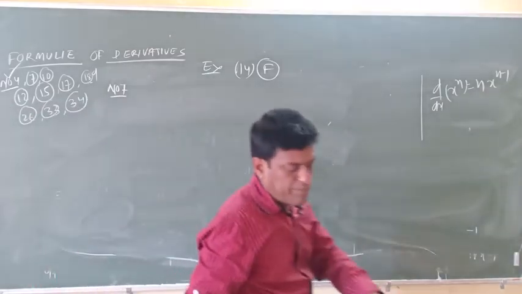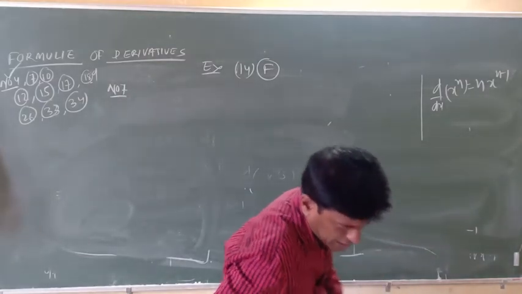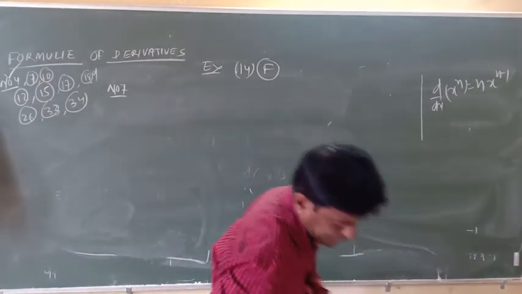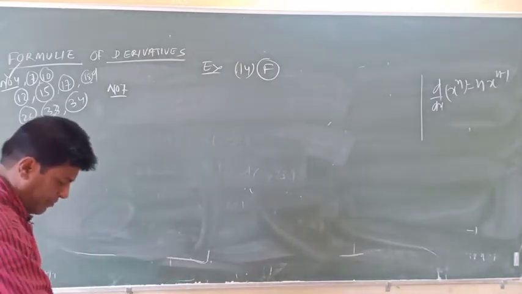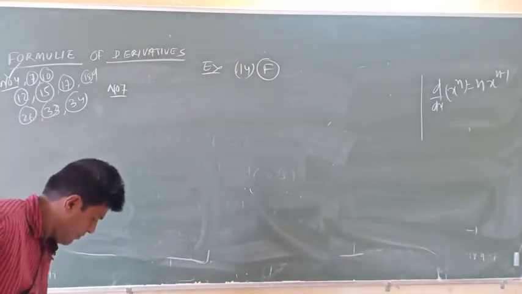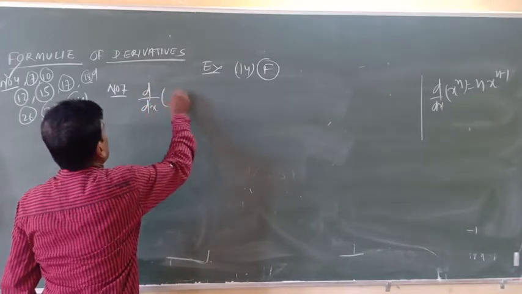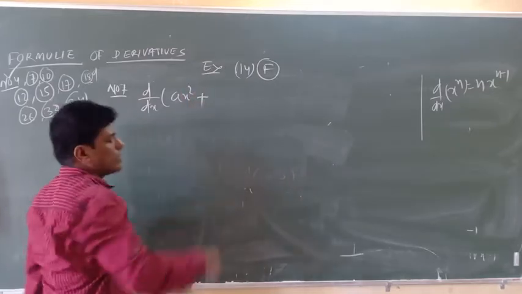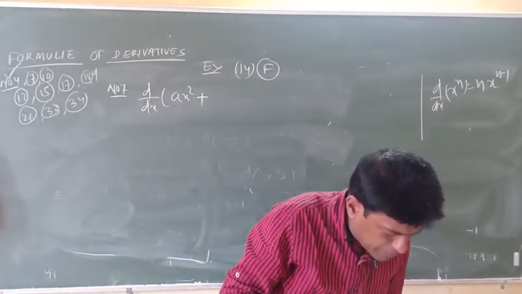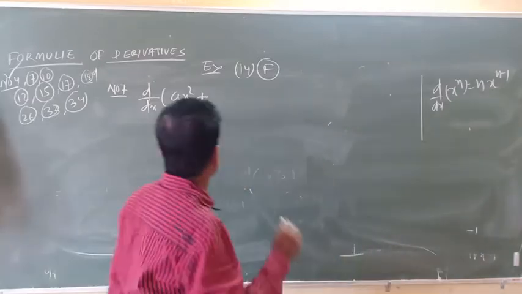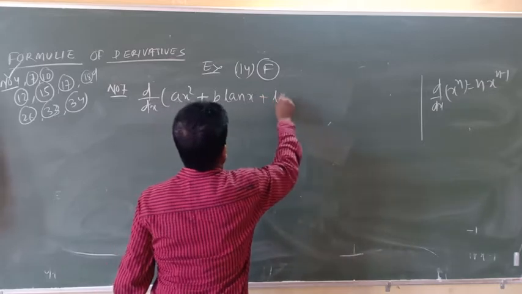Number 7 is in this type: ax square plus b tan x plus ln x square. d by dx of ax square plus b tan x plus ln x square.